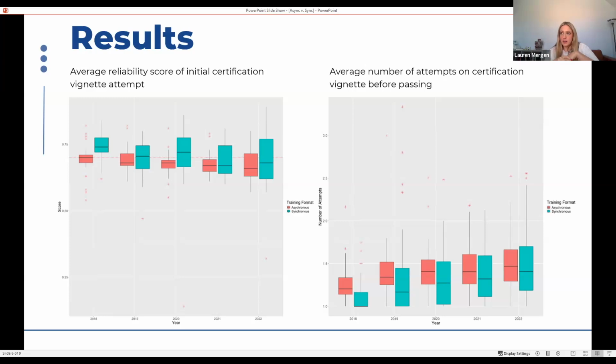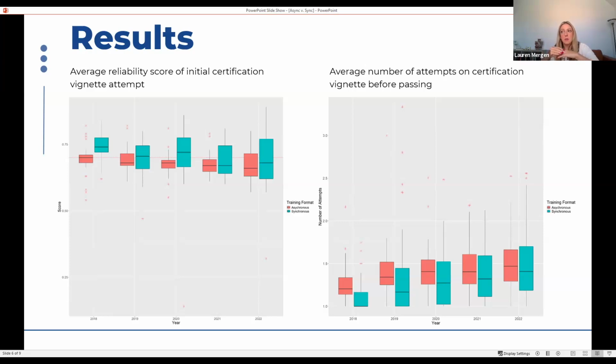So in the chart on the left, you can see that the asynchronous group had slightly lower performance in some years. In other years, it's equal.